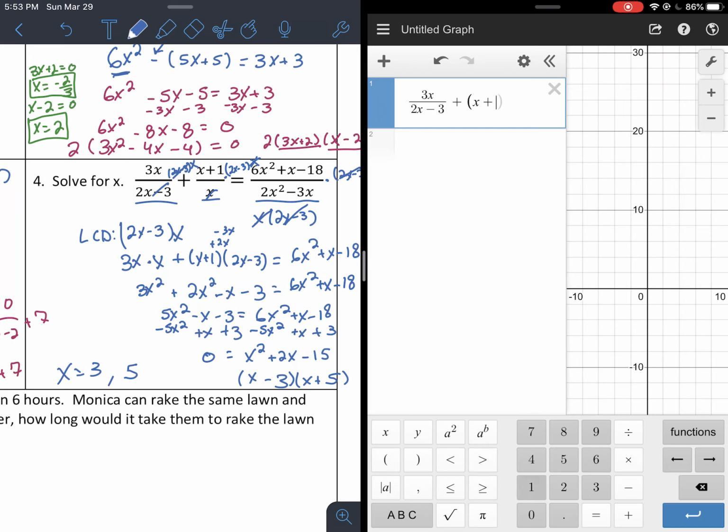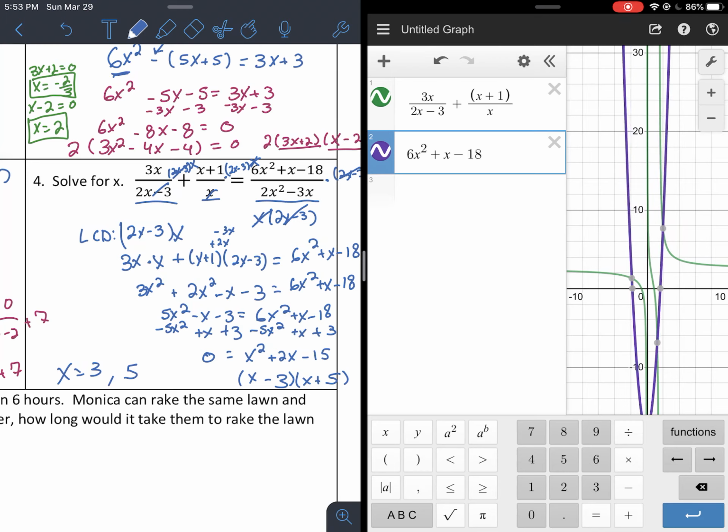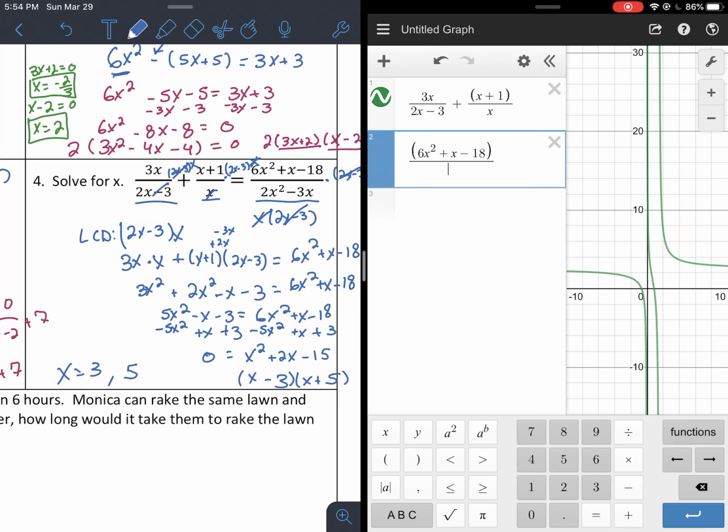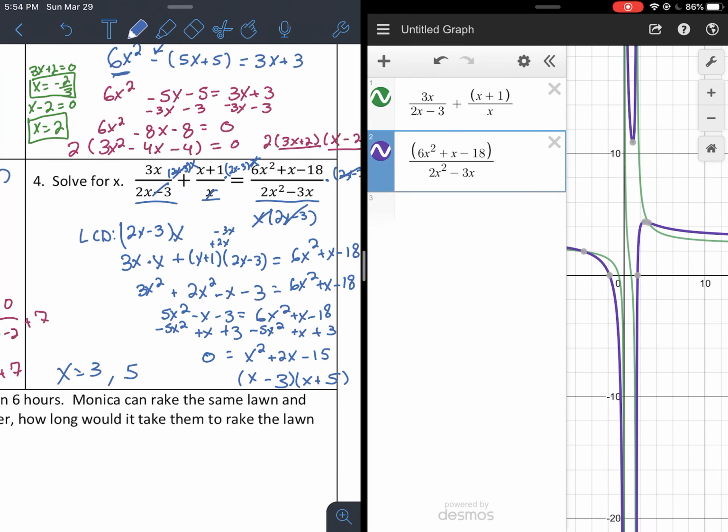Plus parenthesis x plus 1 divided by x. That's equal to 6x squared plus x minus 18, all of that divided by 2x squared minus 3x. And then we look for all the times they cross over here, guys.